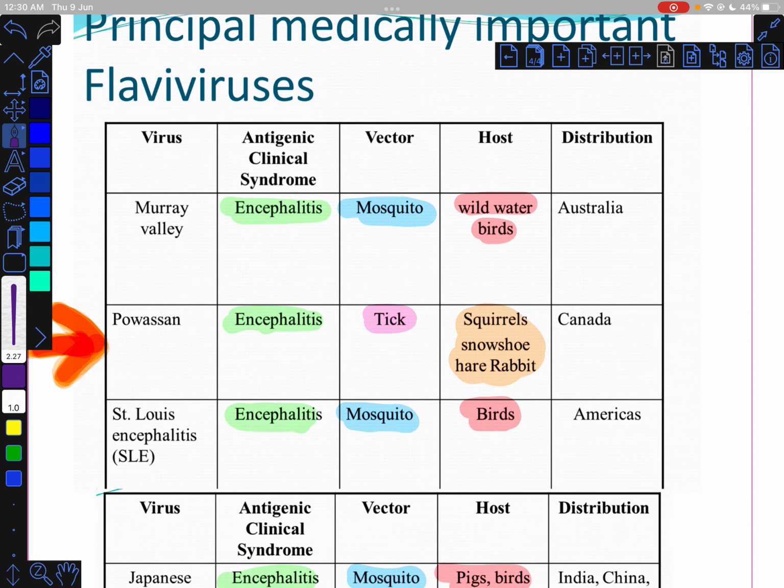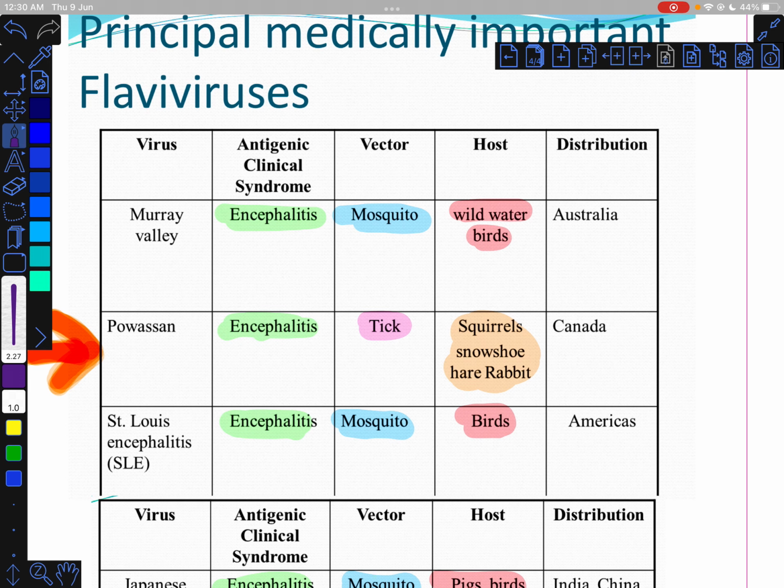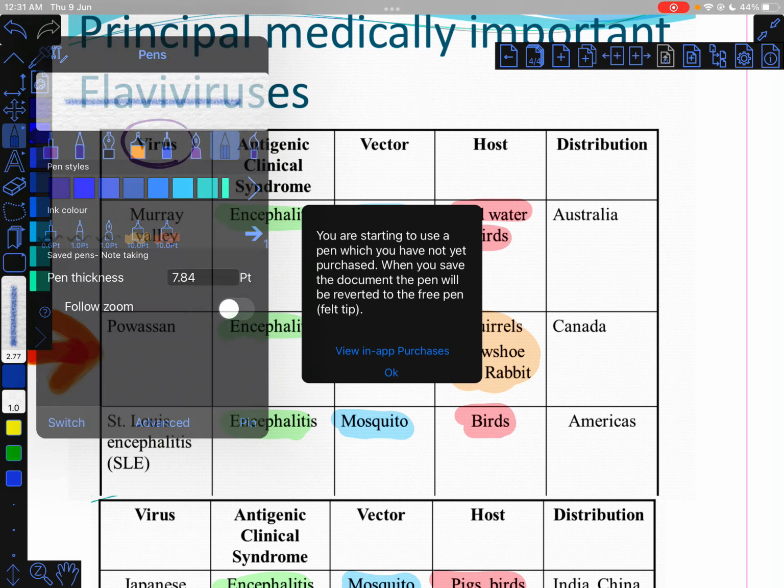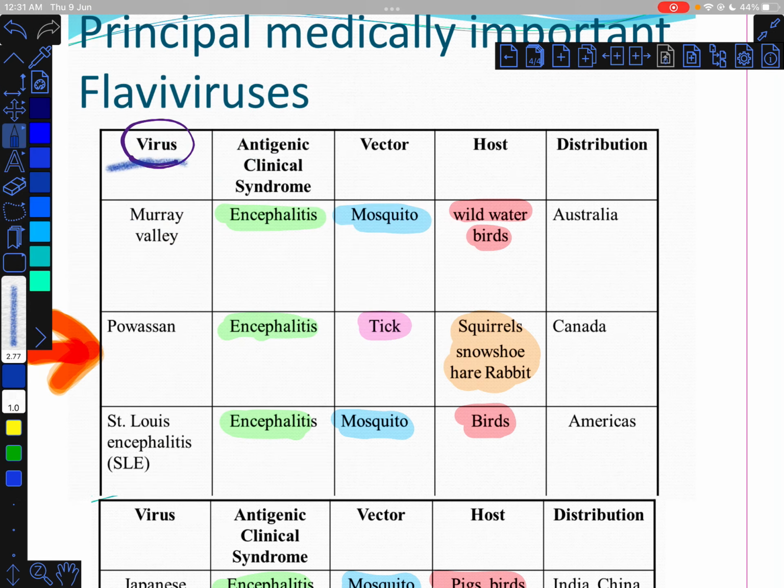The principal medically important Flaviviruses. We have a lot of Flavivirus types, so I will choose this one again. Okay, the Flavivirus. The first one is Murray Valley. We can remember Mary Valley like a woman who lives in the village.